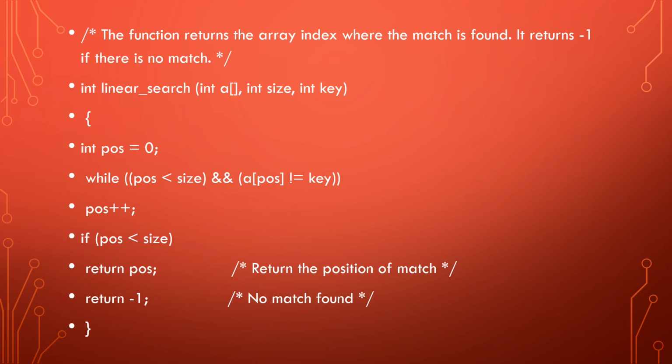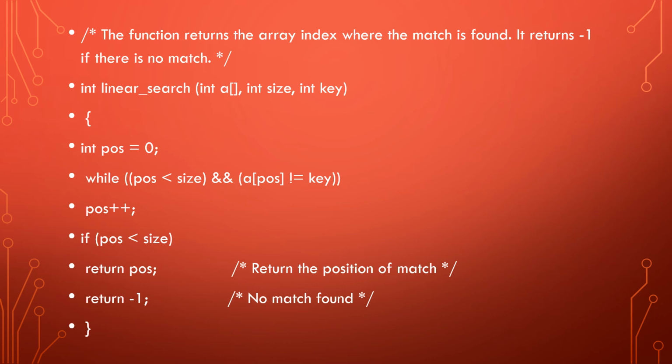First is an array, second is the size of the array, and third is the key which we have to find. We have declared the position as 0, and in the while loop, the condition is that if the position is less than size and the element at pos is not equal to the key, only then it will enter the loop, and the position value is incremented until the loop terminates.